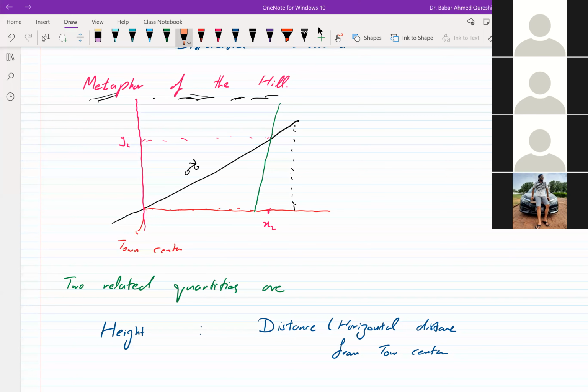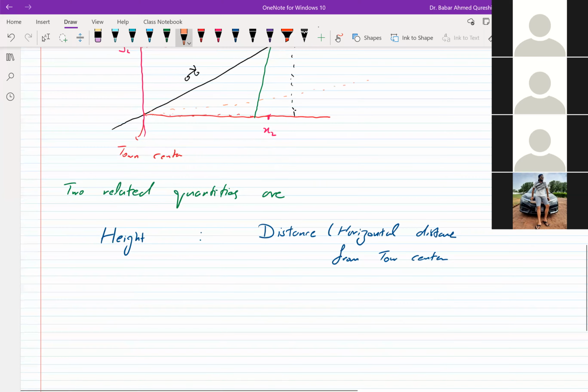Similarly, I can think of some other hill which is even less steep. So this steepness of the hill is actually, what is it? It's how high you climb up as you move a particular horizontal distance. How quickly the hill is rising up.